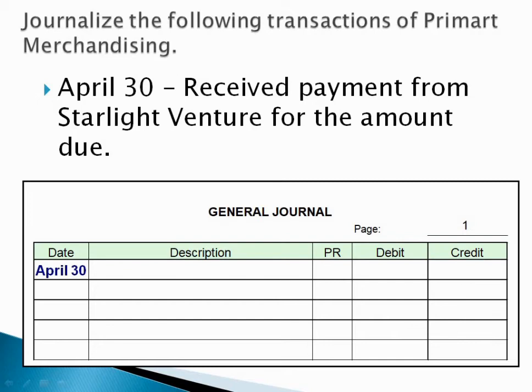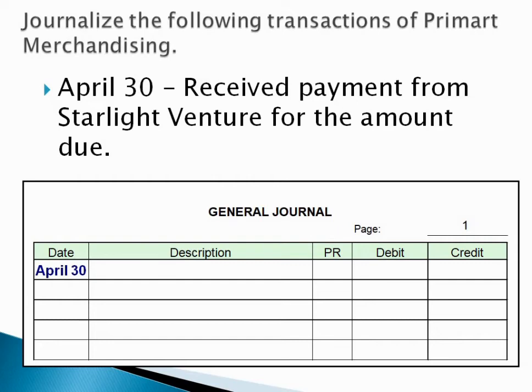From Primart's viewpoint then, being the seller, the journal entry for this April 30 transaction must be a debit to cash because it received payment, and a credit to accounts receivable for its entire or full balance because of the words for the amount due, plus a debit to sales discounts if this payment by Starlight was within the discount period. Let's find out if the payment was within or beyond the discount period.